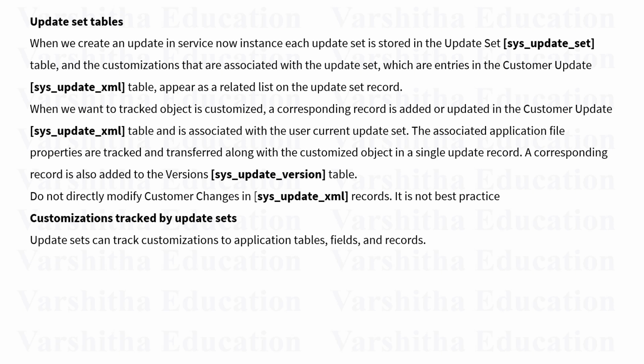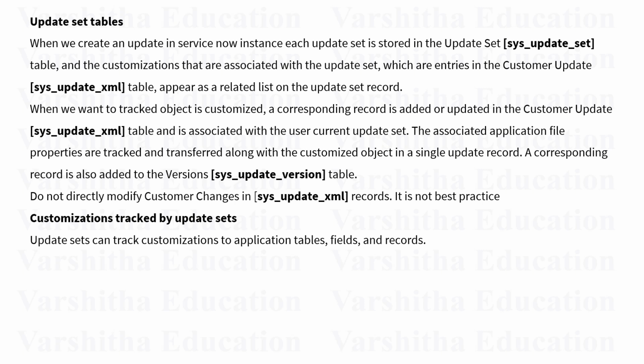If you create one update set, everything is stored in one table. As I said in previous classes, ServiceNow is a collection of all the information stored in tables, and each ServiceNow instance has hundreds of tables. That's why the update set is also one of the tables. It is stored in the sys_update_set table.